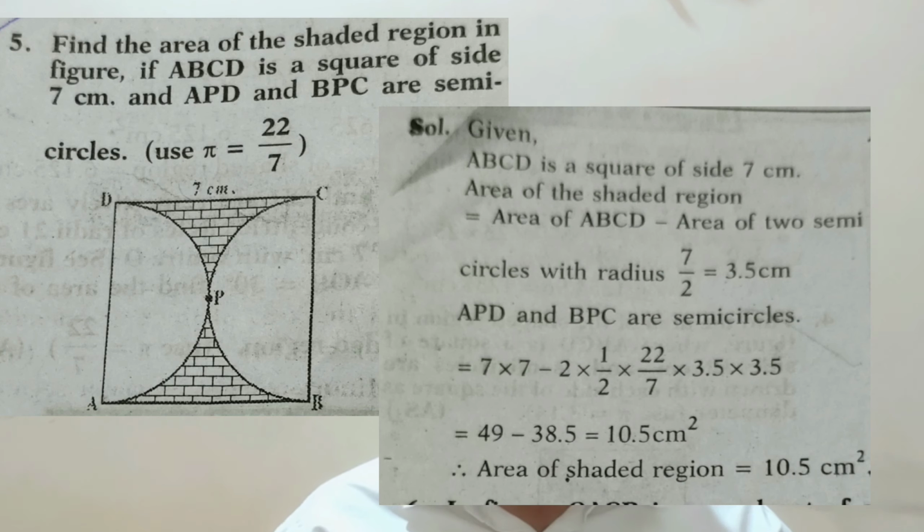By seeing the figure you can easily understand that question. And a similar type: find the area of the shaded region in the figure if ABCD is a square of side 7 cm and APD and BPC are semicircles. In all these questions, you all know the pi value is always taken as 22/7.